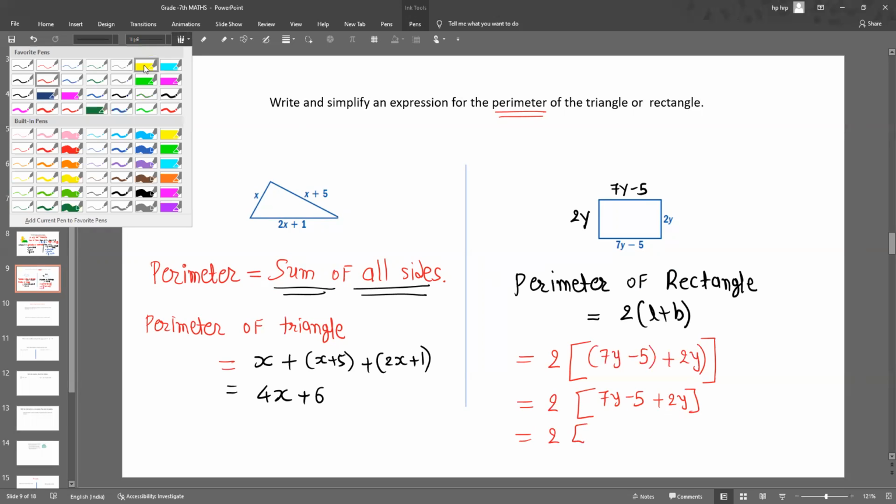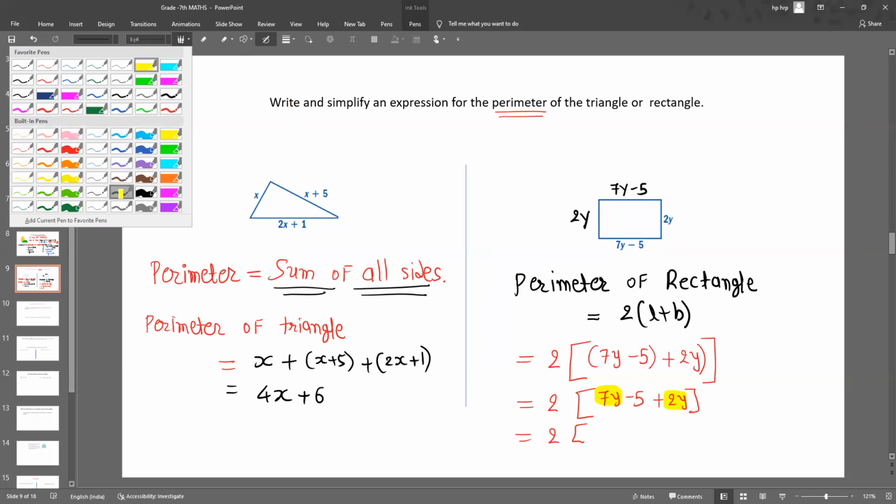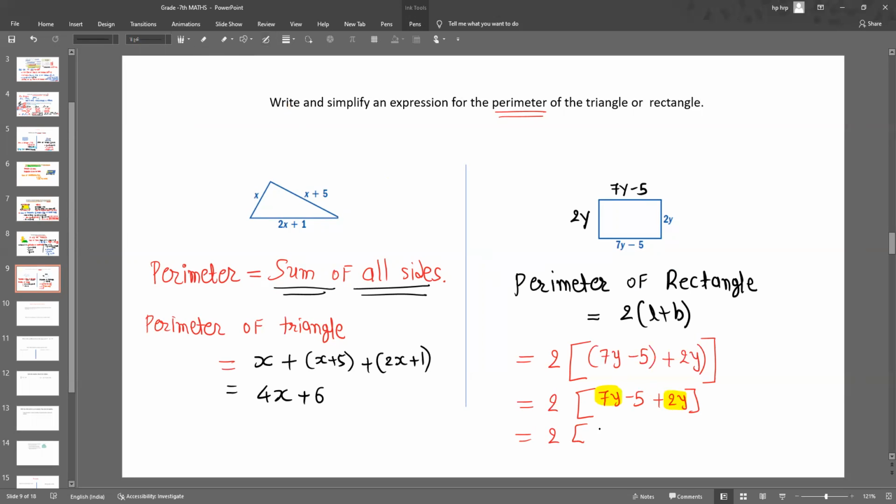This can be added because these two are like terms. So 7y plus 2y is 9y minus 5. Then 2 can be multiplied, so we get 18y minus 10. Understand? That is the perimeter of this rectangle.